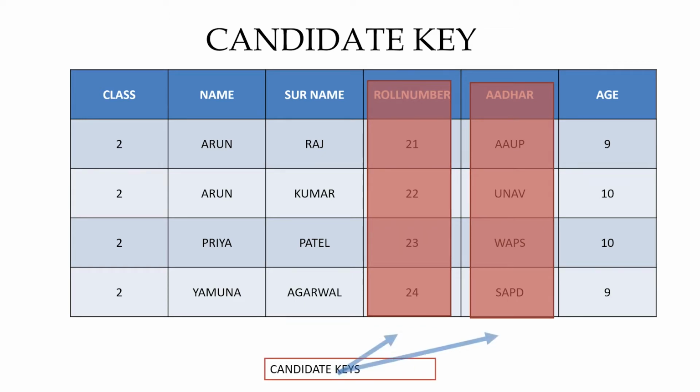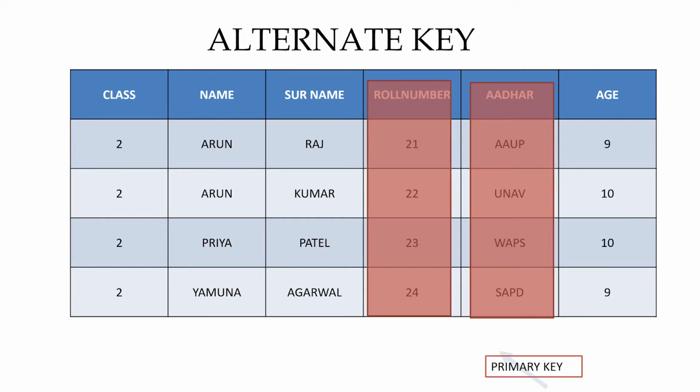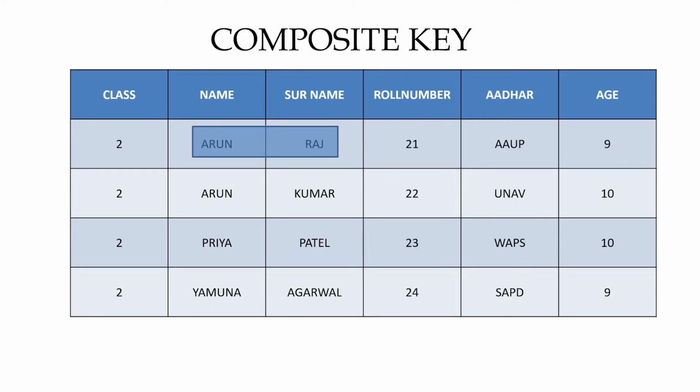Such attributes are called candidate keys because they are candidates for a primary key. In such a case, one attribute is taken as the primary key and another attribute is taken as an alternate key.